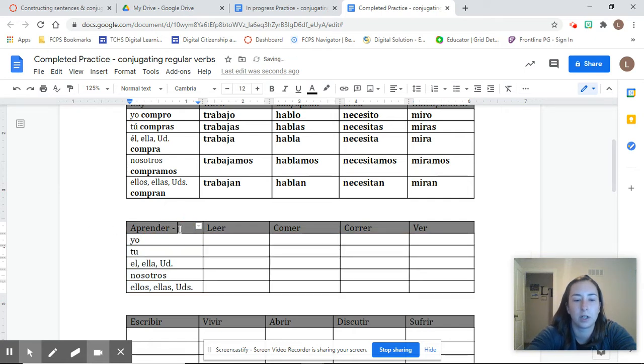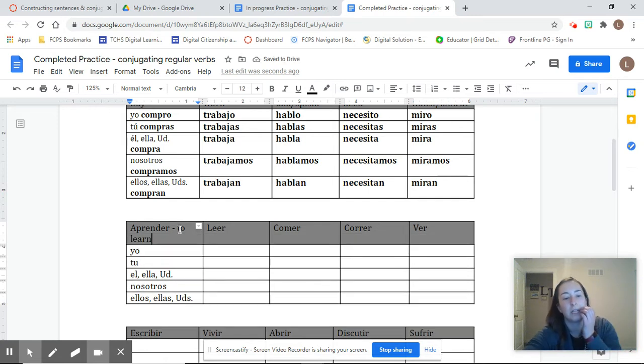Aprender is to learn. Okay, and so these are ER verbs. And so yo, the ending is always O, so that's going to stay the same. Yo aprendo. Then it's going to be similar to our AR, but the A's are going to change to E's for ER.